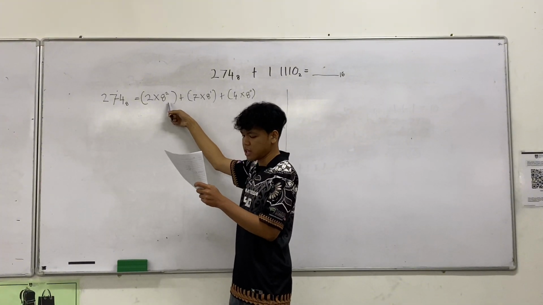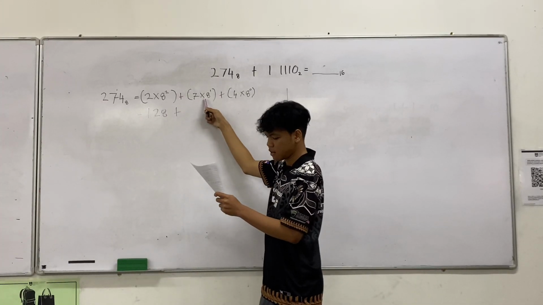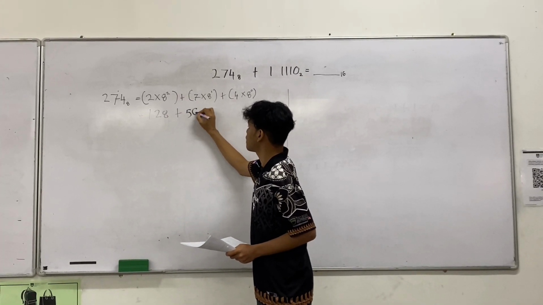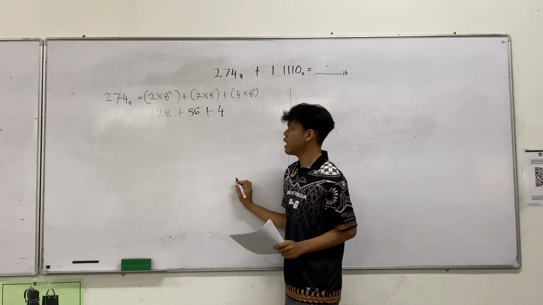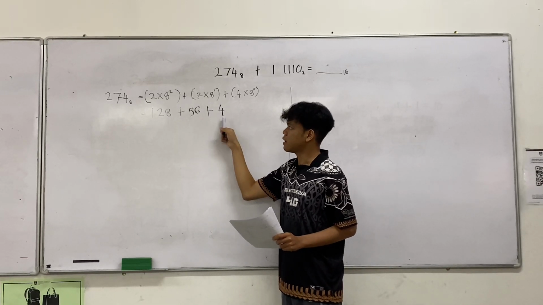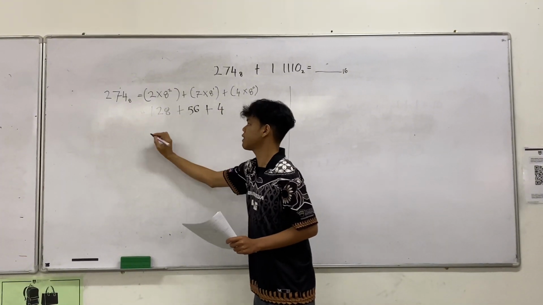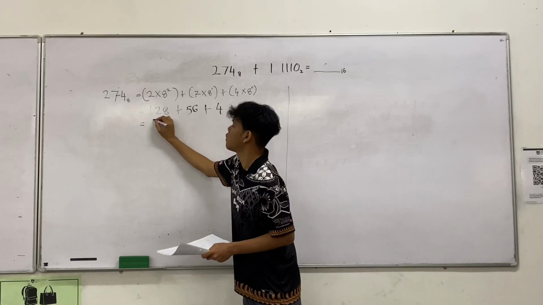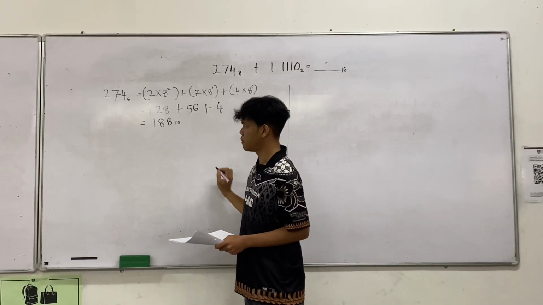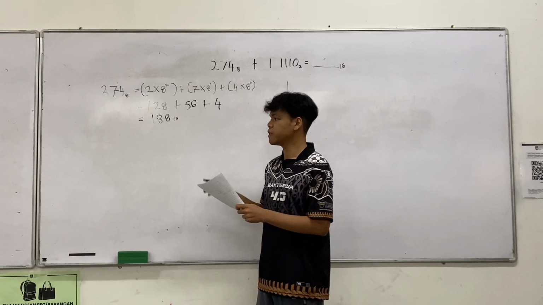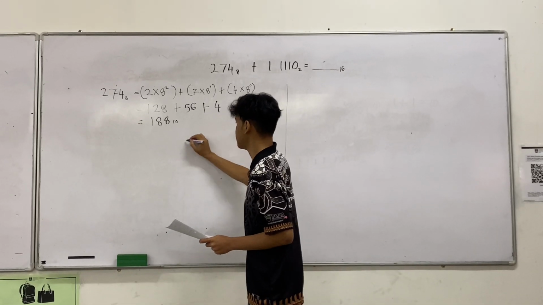For the first term we got 128, plus 56, plus 4. After we get the answer of each term in this bracket, we calculate all of them and we will get 188 in decimal. To convert to hexadecimal, we must divide by 16.